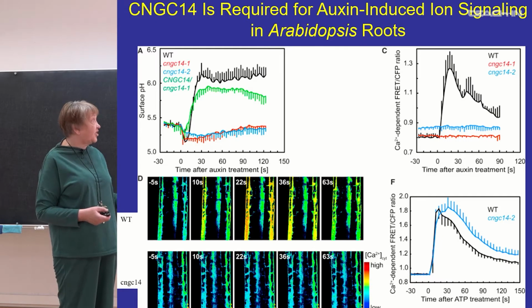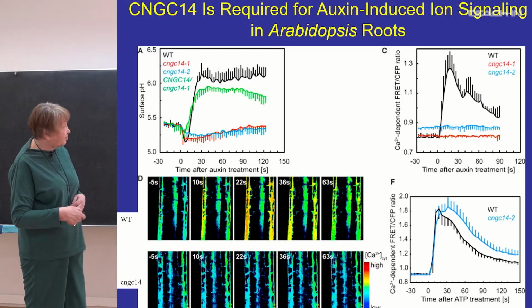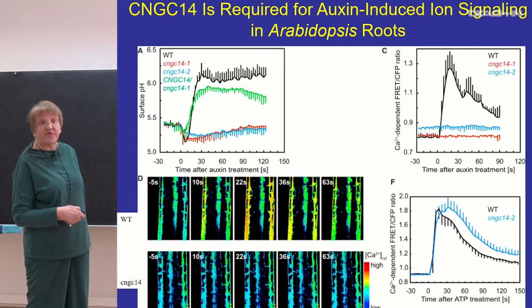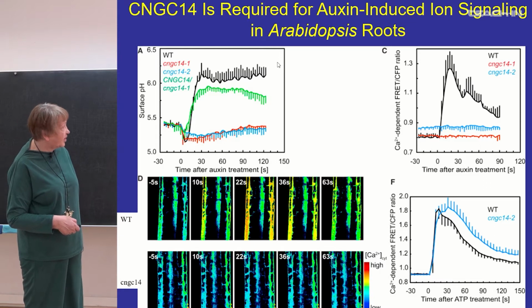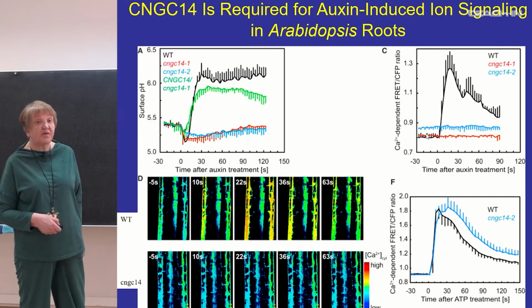It precedes any changes in gene expression, so it's pretty much the first immediate response of the plant to a change in this hormone concentration. And here you see the changes in calcium-dependent FRET, and again, after auxin treatment, you have a good calcium increase and none whatsoever in the mutant.